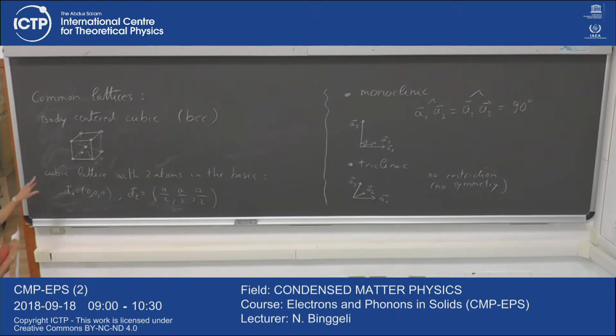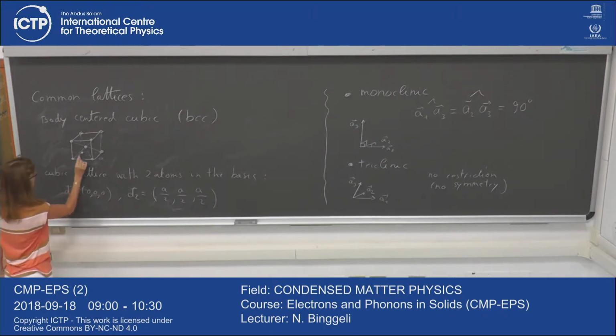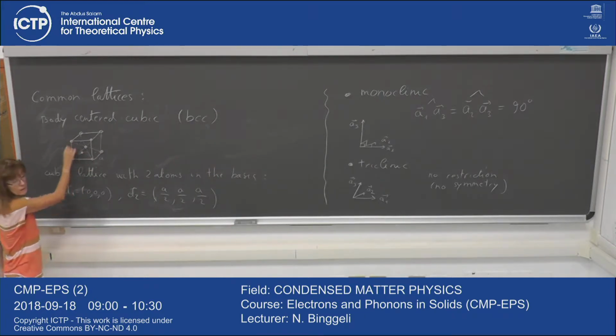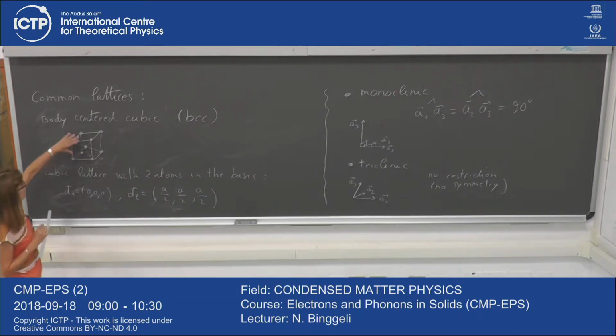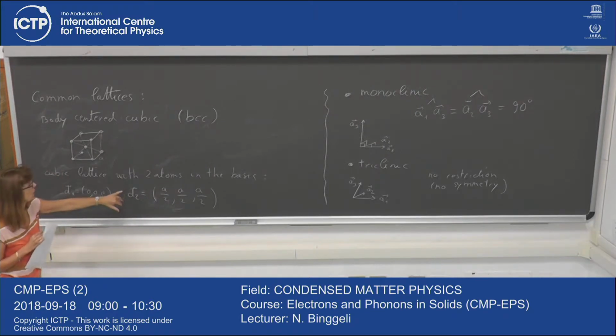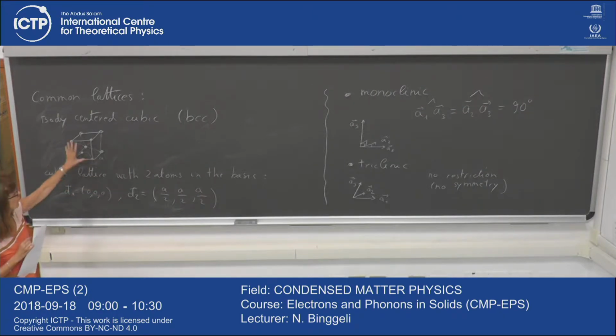So I defined it as a cubic lattice, with the conventional primitive lattice vectors A1, A2, and A3 of the cubic lattice, and I considered two atoms in the basis to define it.